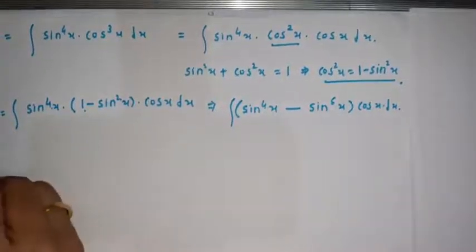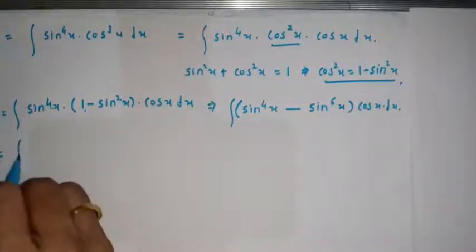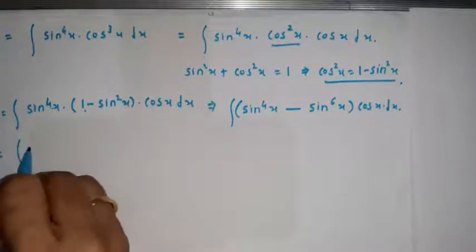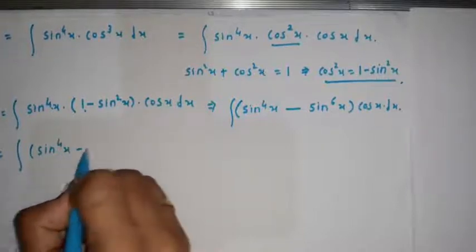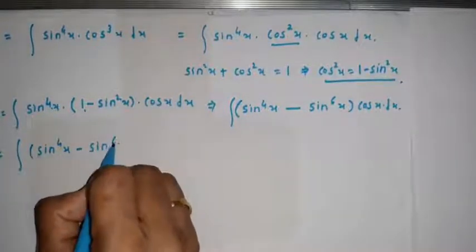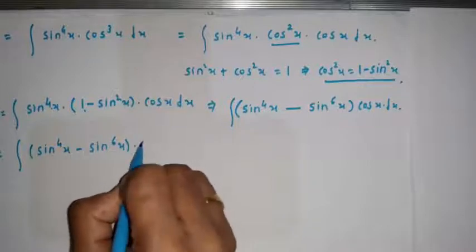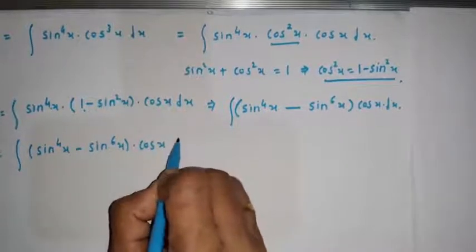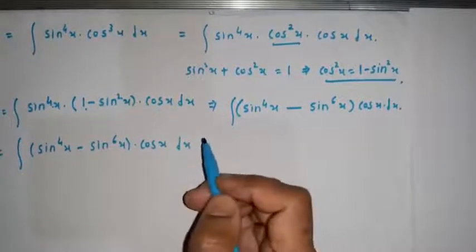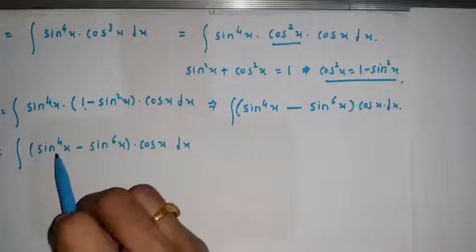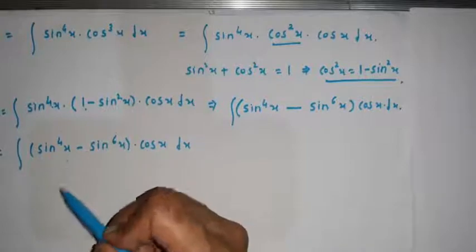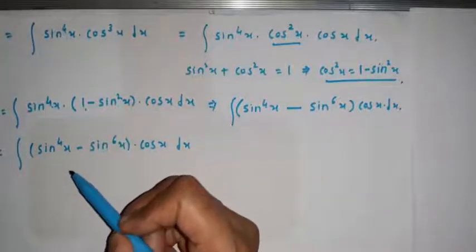Okay students, so now we have the integration I equal to sine raised to 4x minus sine raised to 6x into cos x with respect to x. Okay students, so we have sin x and cos x, and sin x is the complicated function, that is the power of sine is there.